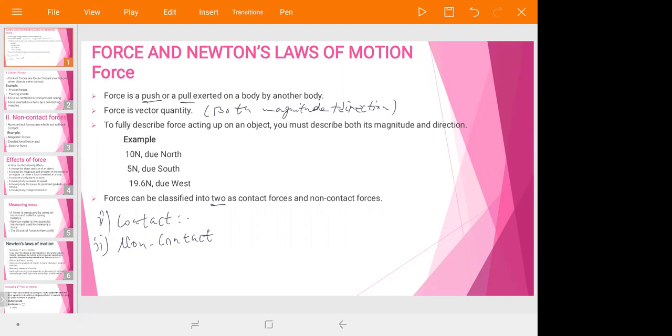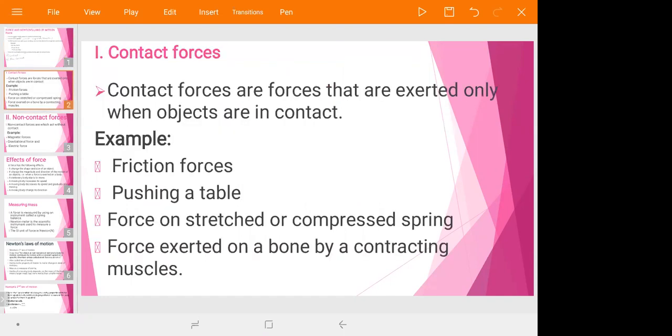So let us see the definitions with examples again. Contact forces are forces that are exerted only when two objects are in contact. For example, friction force.